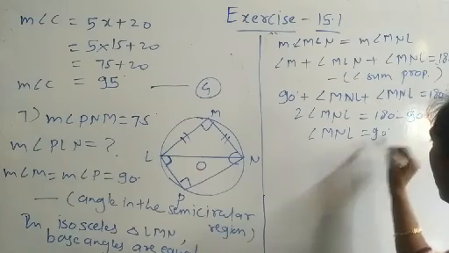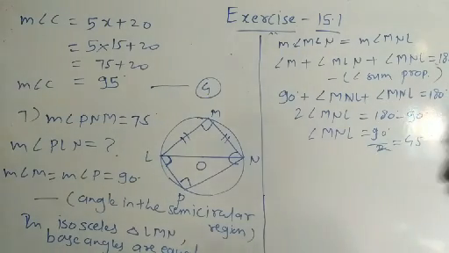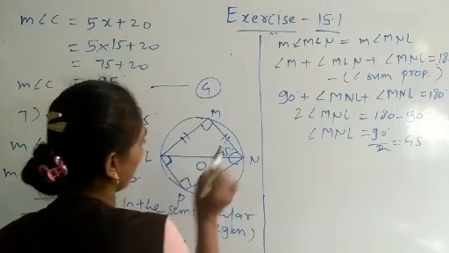So this 90 divided by 2, what do you get? 45 degrees. So this angle you got is 45 degrees.